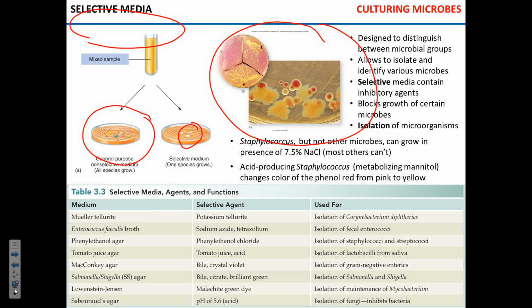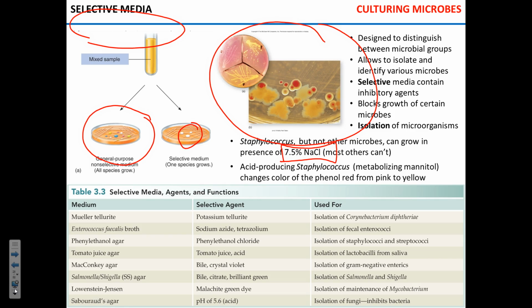The concentration of sodium chloride in MSA is 7.5%. Percentages are usually kind of irrelevant, so let me give you an idea. 7.5% means that in 100 milliliters of a solution, there are 7.5 grams of salt.